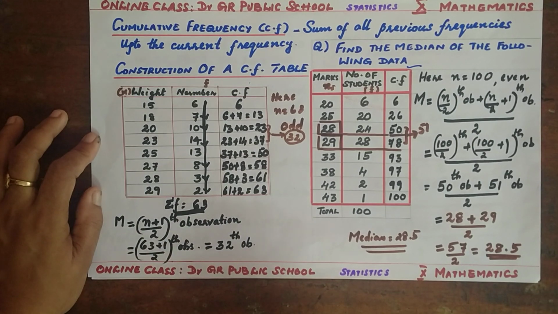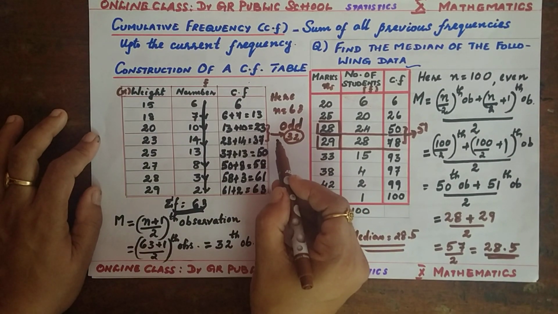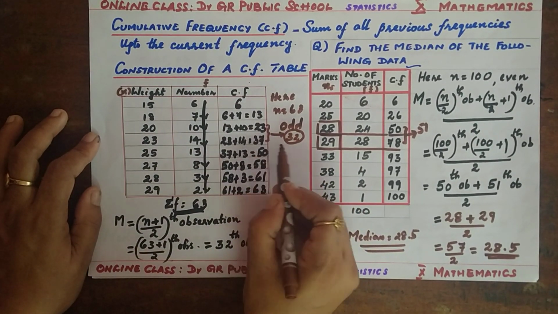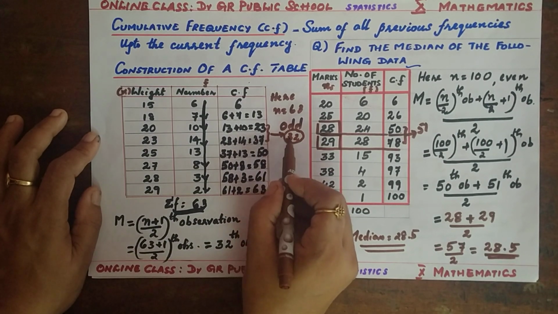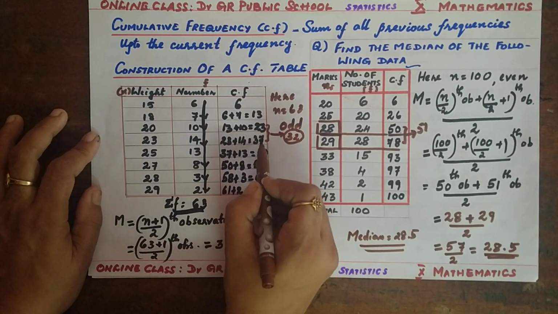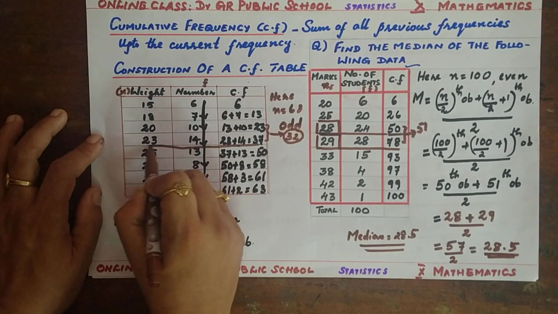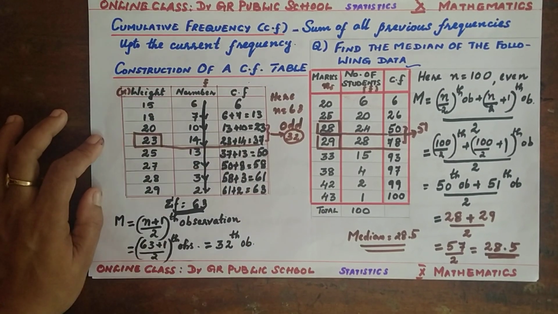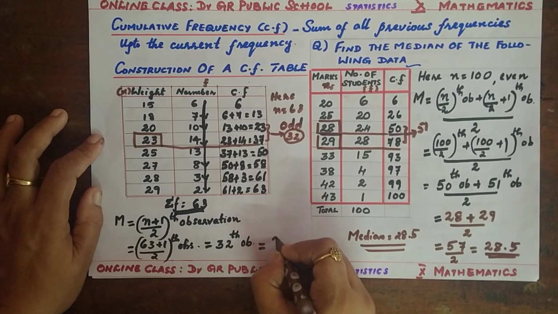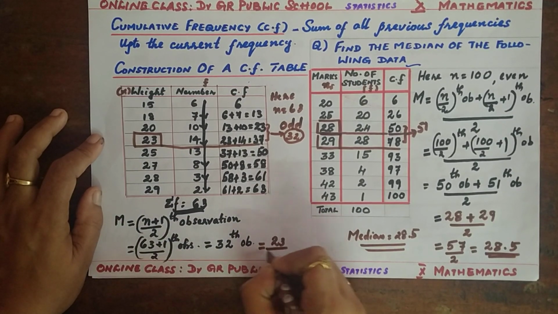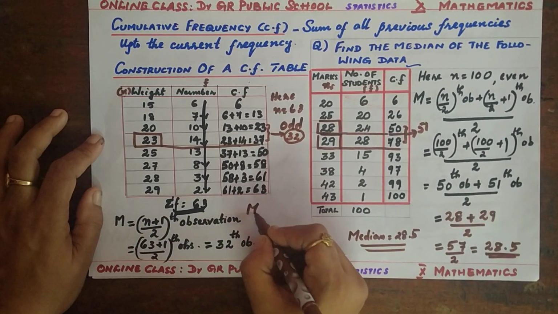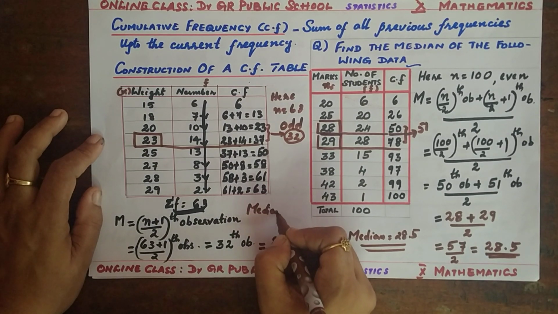So, as per our definition, what do we need to take? We need to take a number which is greater than or equal to 32. Not equal to 32 here, so I need to take the number greater than 32 that lies here. The corresponding x value is 23. Therefore, the median is 23. So, at last we can write median equals 23.